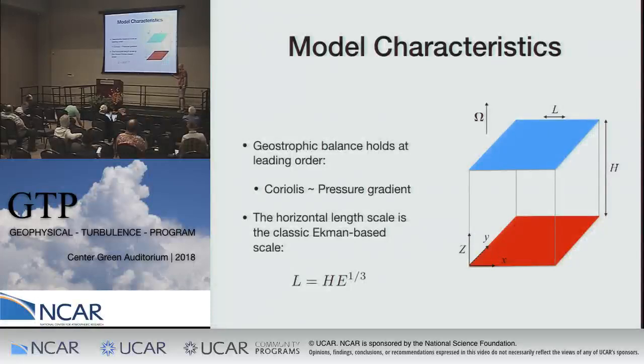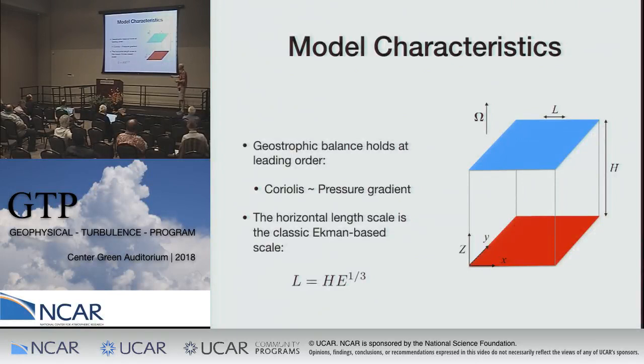Rather than go into the details of the mathematics, I'm just going to describe how we go about deriving the model, and some of the basic assumptions that go into it. The first is that geostrophic balance holds at leading order. That is, the Coriolis force and the pressure gradient force are approximately equal in magnitude and opposite in direction. This is the leading order force balance.